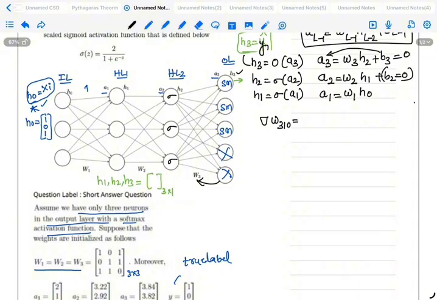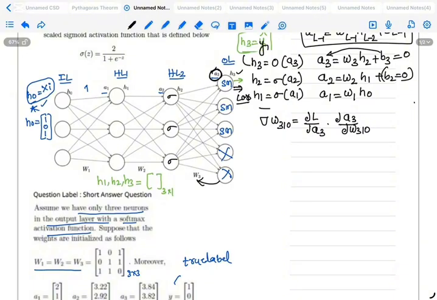First we have to differentiate with respect to A3, that equals dou L by dou A3, where in this layer we have the loss, dou L represents the loss using cross entropy loss, as mentioned in the question, times dou A3 by dou W3.